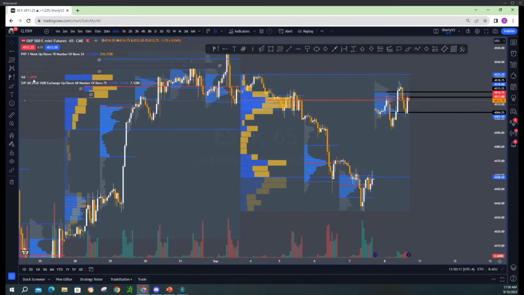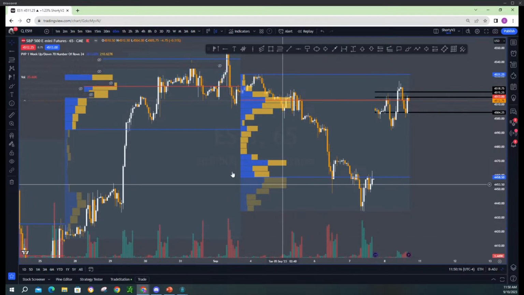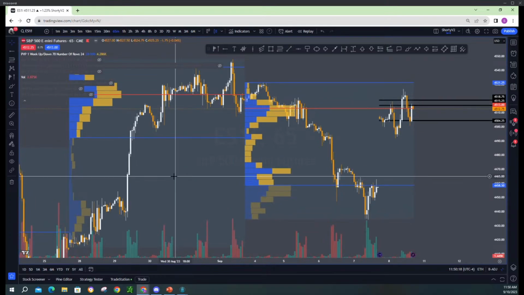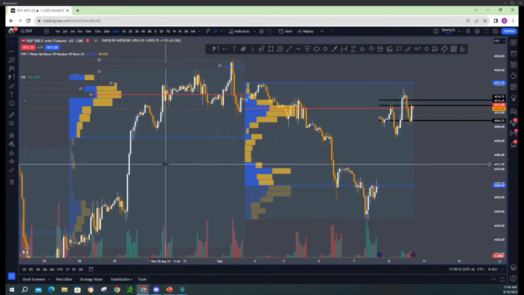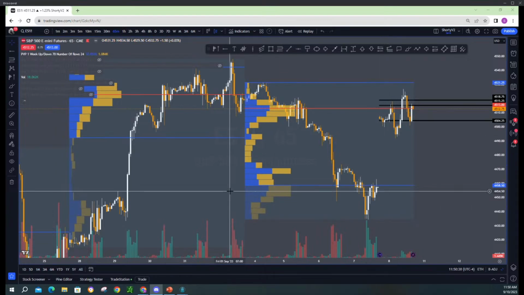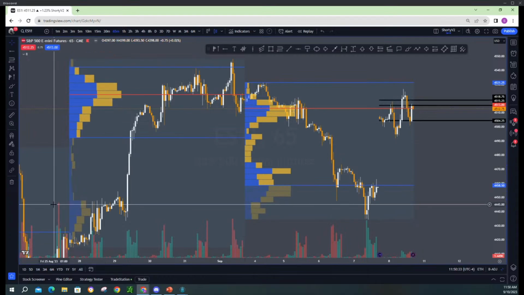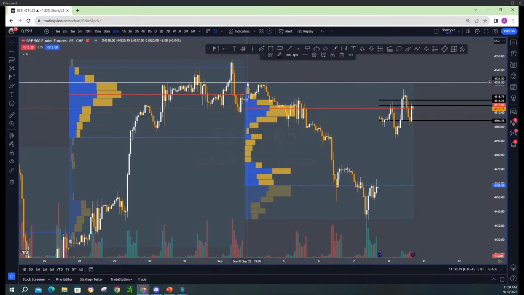Value area low is 58, and the value area high is 4530. Where's the value area high for the last week? 4,531. That's correct.